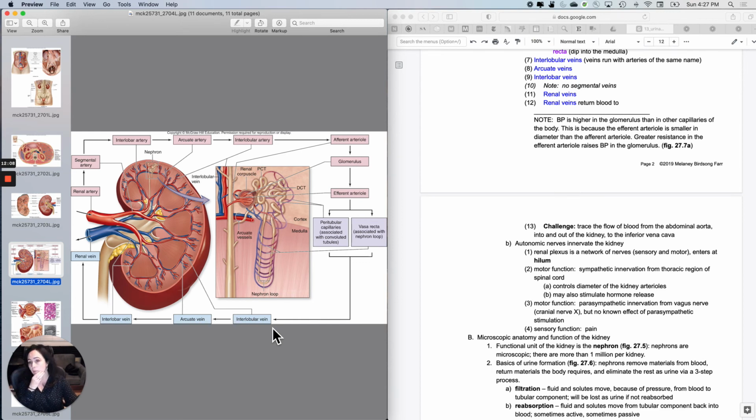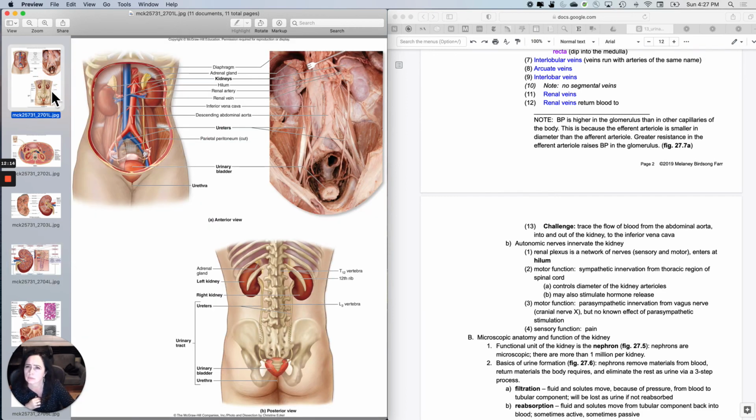Okay, a little bit about innervation of the kidney. The kidney does have nerves going to and from it. I don't think they've got any of them shown in this picture. There is a network of nerves called the renal plexus. It's not the same as like the brachial plexus, and it's not as big.